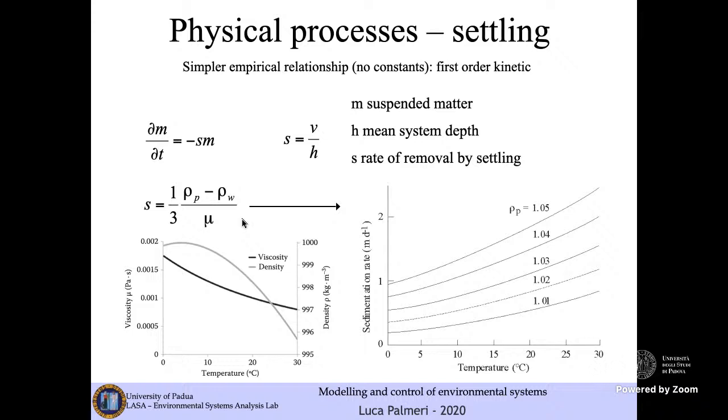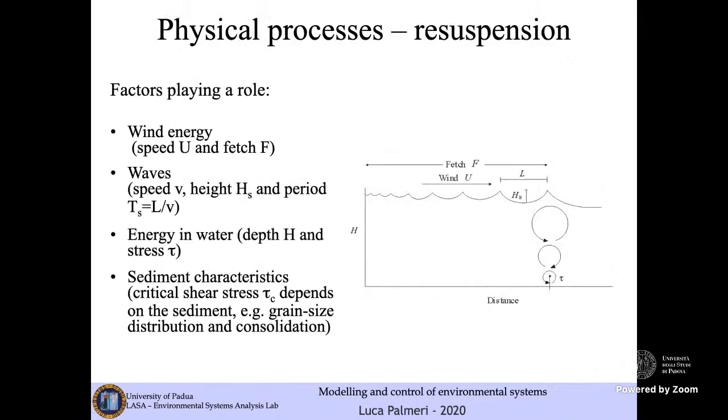So this more or less ends our description of settling models, and now it is time instead to look at the very important complementary process that is that of resuspension.